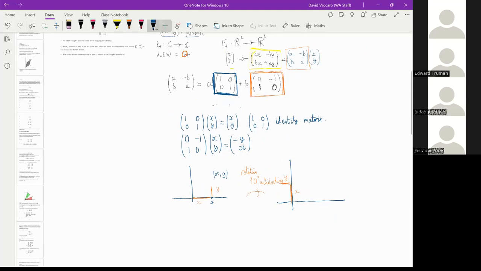So we've now got that the matrix (a, negative b; b, a) is a times the identity matrix plus b times the matrix for rotation by 90 degrees anti-clockwise.